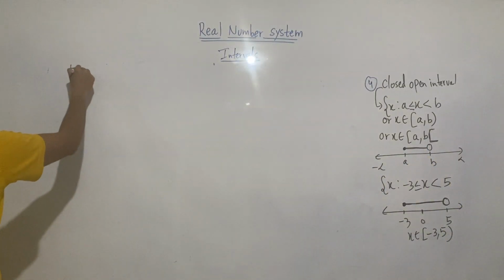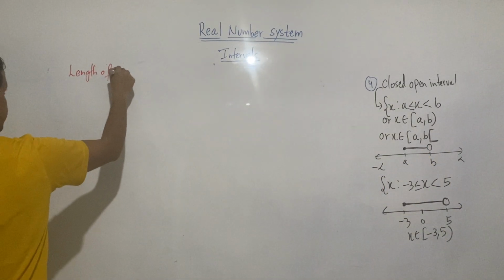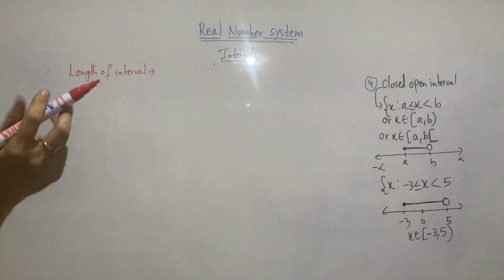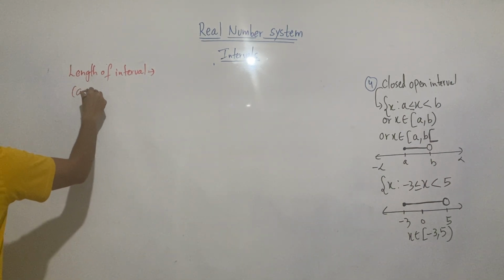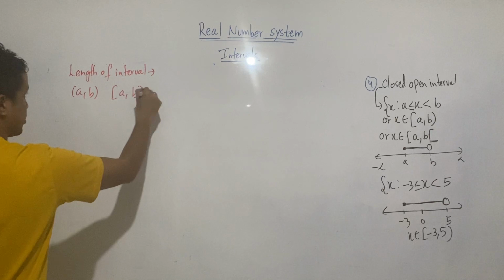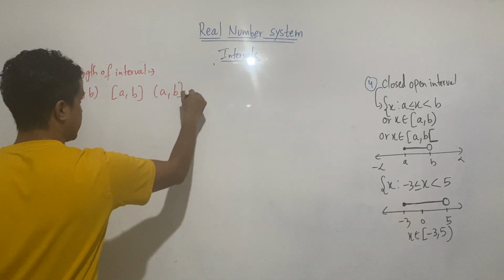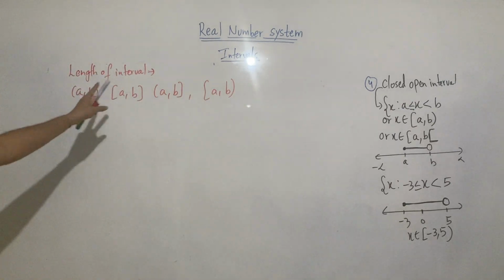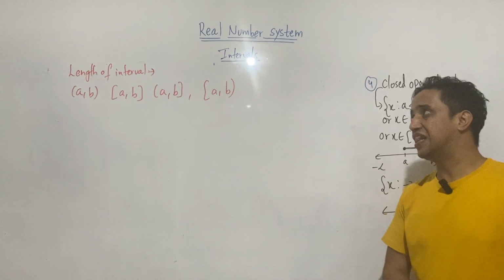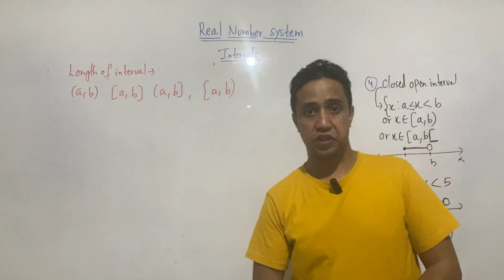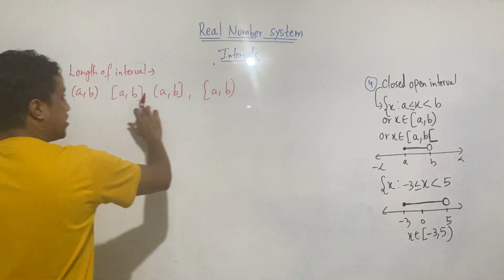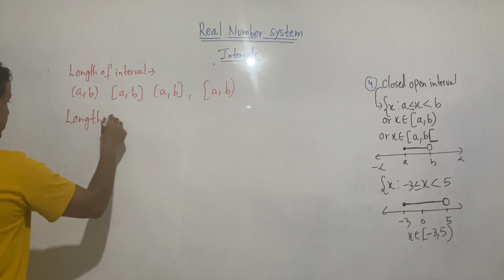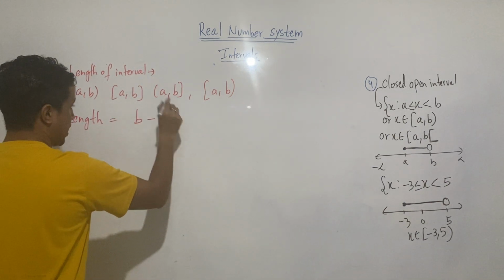We have discussed 4 types of interval: this is open interval, this is closed interval, this is open closed, this is closed open. No matter what type of interval you have, the length is always the same, and the length of any of these intervals is defined as b minus a.